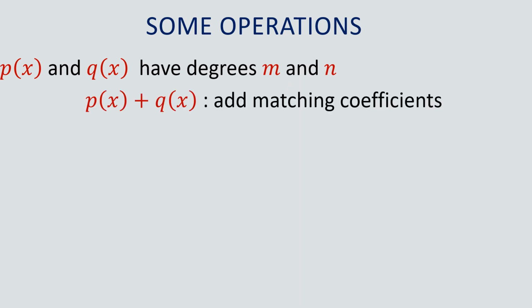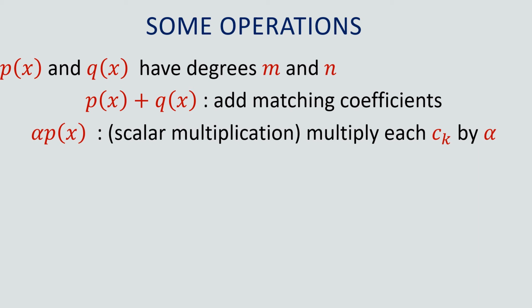One thing we might want to do is add the polynomials together. How do we do that? Well, we simply take the coefficient in p corresponding to some power x raised to the k, take the same coefficient for x raised to the power k in q, and we add them. So we add matching coefficients, and that gives the polynomial which corresponds to adding those two polynomials together.